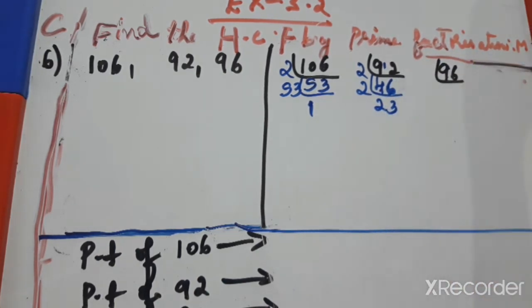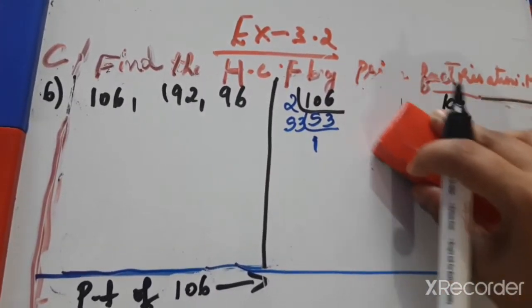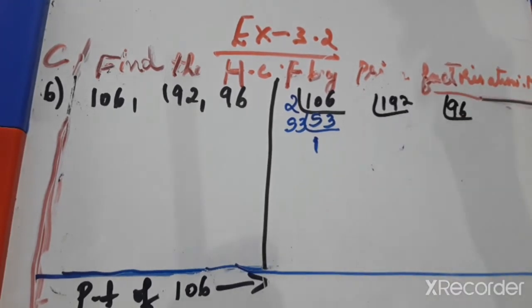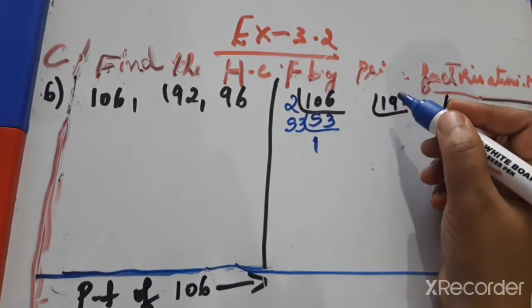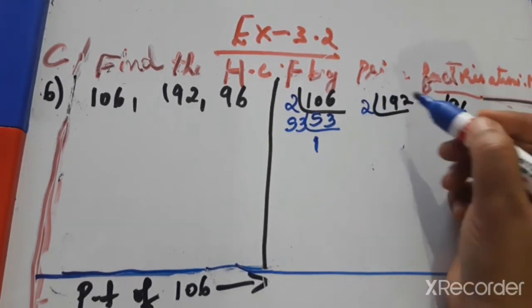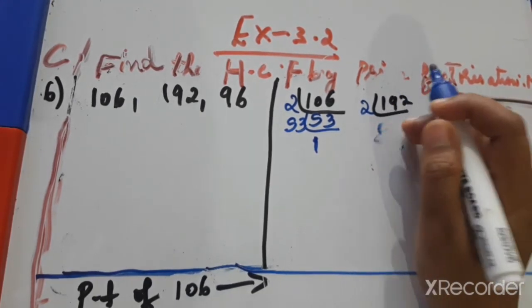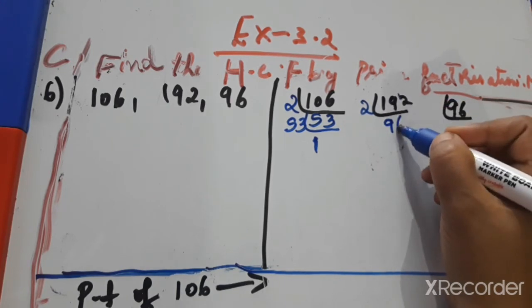23 ones are 23. Sorry children, here the question is 192, not 92. So we have to try with 2 ones are 2. The last number is 2, so even numbers mean multiply with 2. 2 eights are 16, 2 nines are 18, 1 carry, 2 sixes are 12.